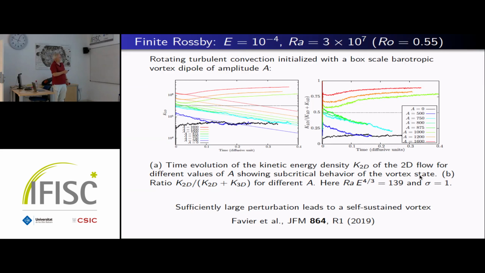So if the amplitude is too small, then the vortex decays. In fact, it decays more rapidly than viscosity, right? And that's because turbulence enhances dissipation, at least down here. But here, the effect is the opposite, right? The vortex actually generates conditions for its own sustenance.